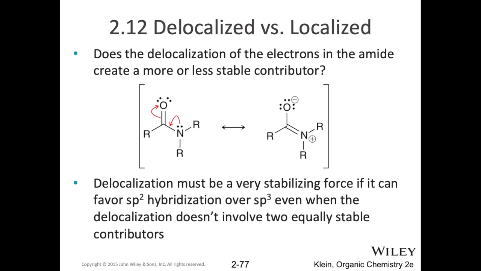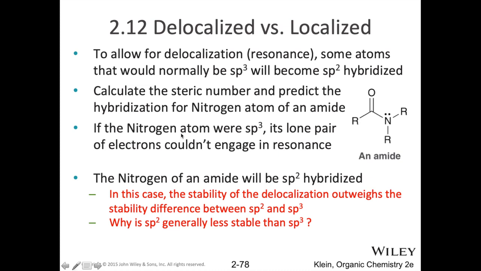You have p orbitals located in this oxygen, this carbon, and this nitrogen, and there's overlap between the three p orbitals for that to work.